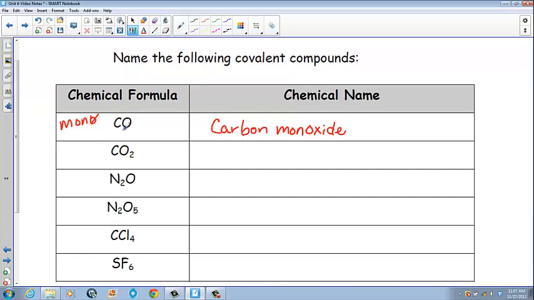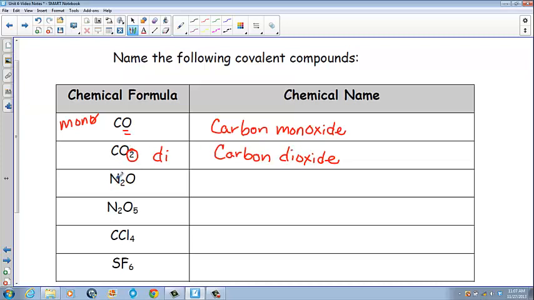The O gets dropped because oxygen starts with a vowel. The next one, carbon. Again, do not say monocarbon because we don't do that for the first element. So it's carbon, and then there are 2 oxygens. So we're going to use the prefix di. We're going to say carbon dioxide.